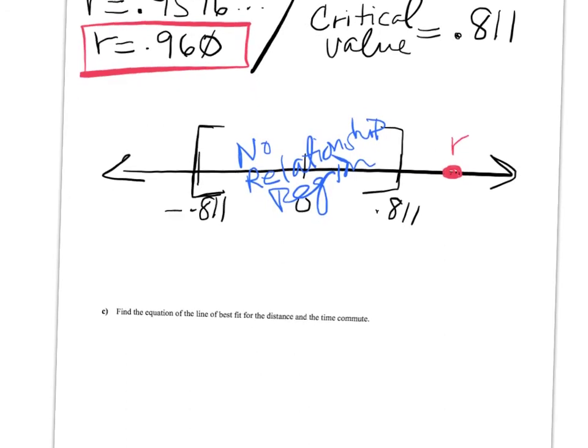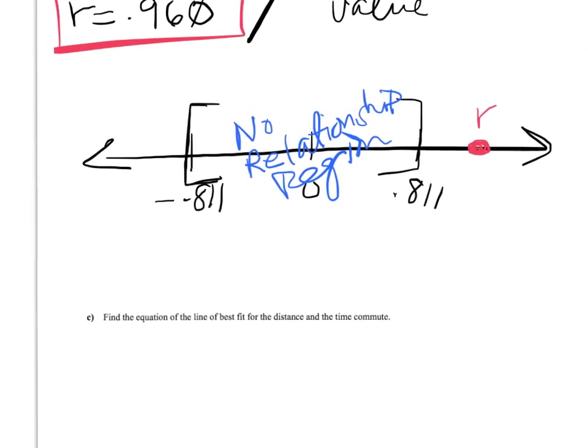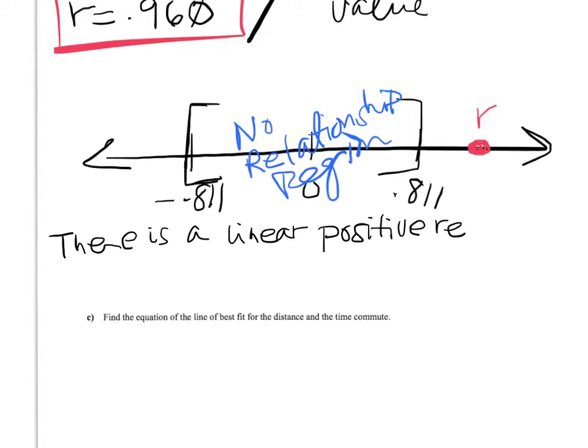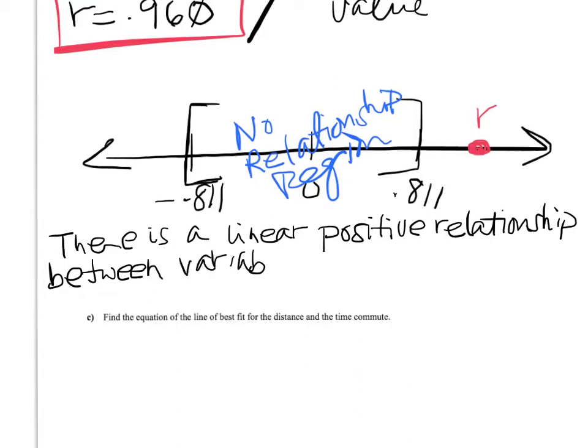So we want a couple of sentences here to state exactly what we just found out. In this case we can say that there is a linear positive relationship between the variables, since R is positive.